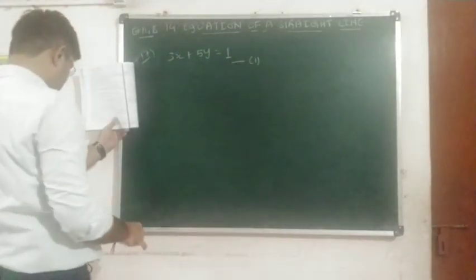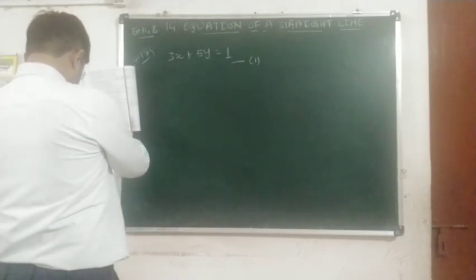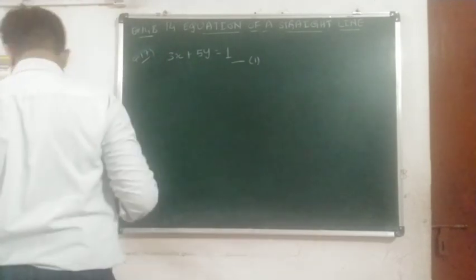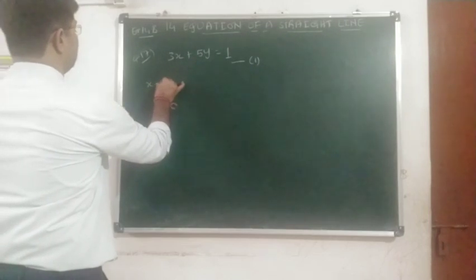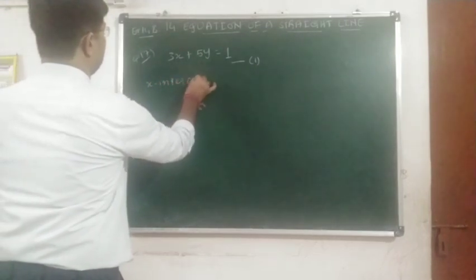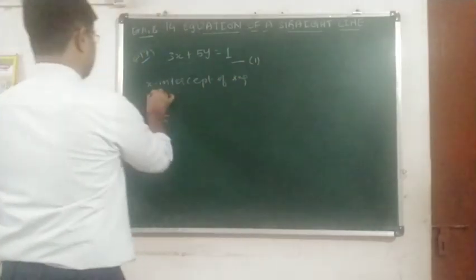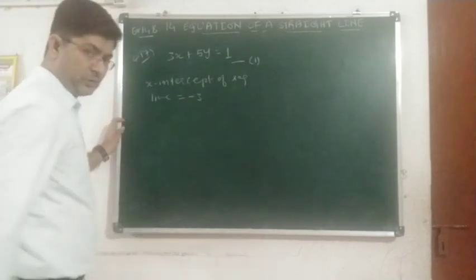Now, the required line has x-intercept -3. So it means what?